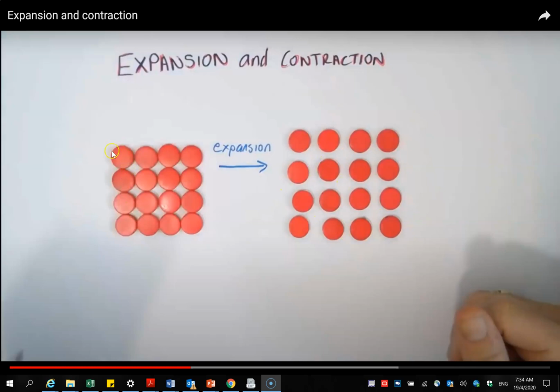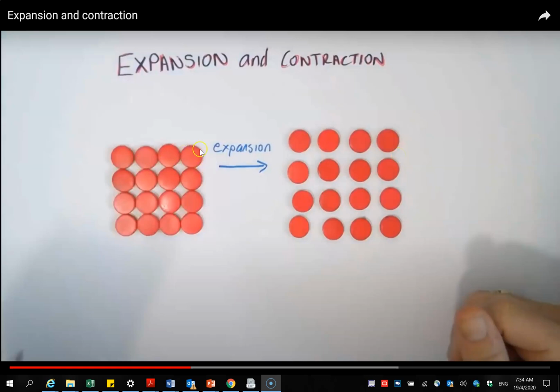So when the steel rod is heated, the particles gain energy and they vibrate more vigorously. You can't see it here, but the particles would vibrate more vigorously or faster, and they start to move slightly apart from one another.